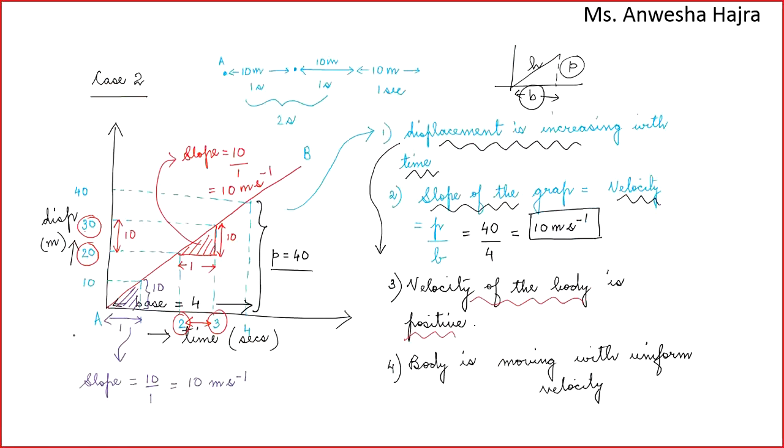Next, this type of graph, case 2, it's a case of uniform velocity. It tells us that displacement is increasing with time, slope is constant, velocity is 10 meters per second here, velocity is positive, and body is moving with uniform velocity.